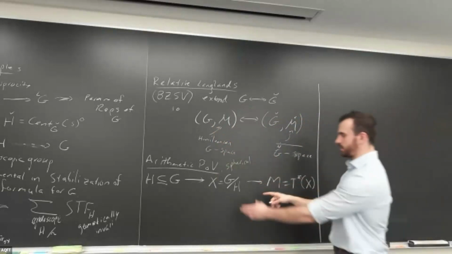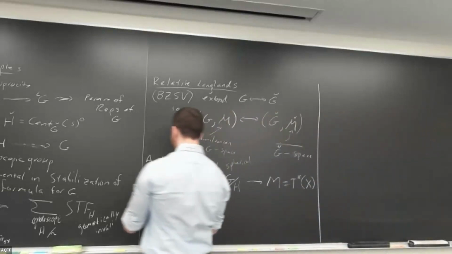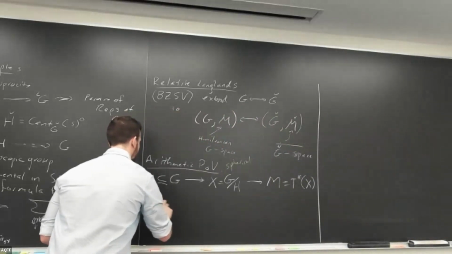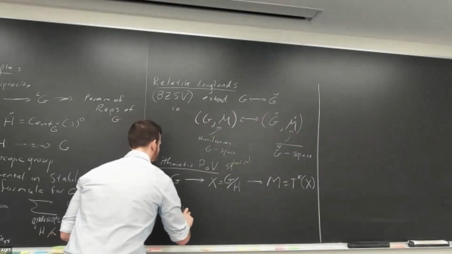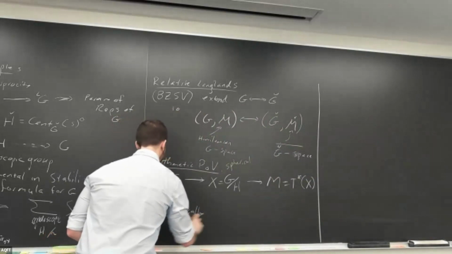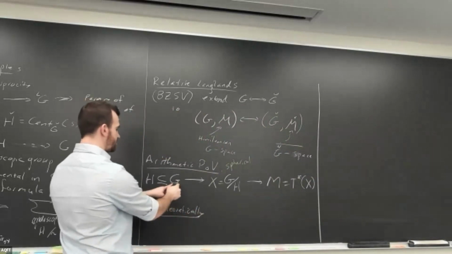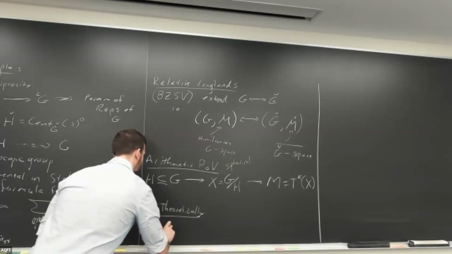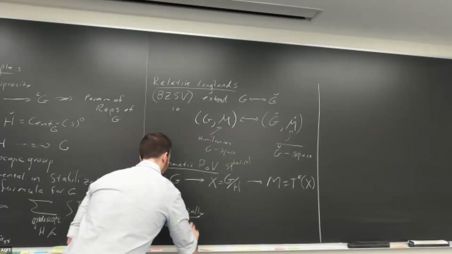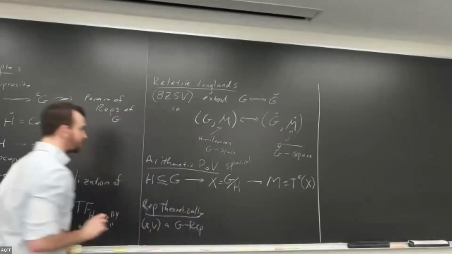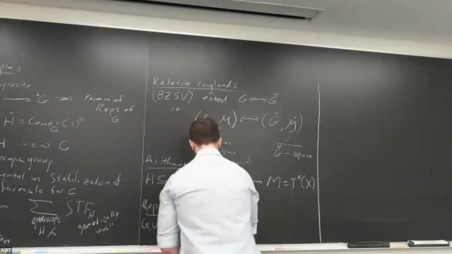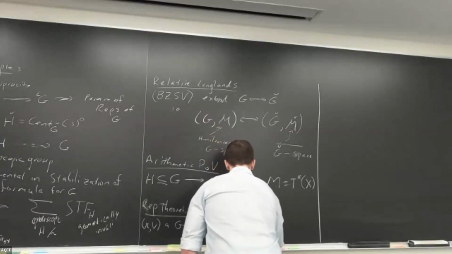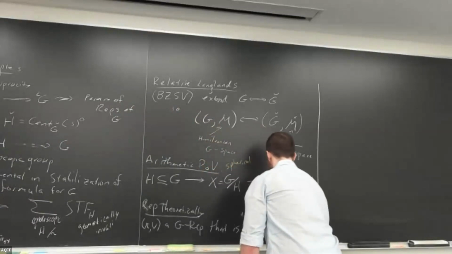But what is the arithmetic picture here? Well, arithmetically, or let me say representation theoretically, we're interested in those representations of G, say automorphic if we're thinking globally, which are so-called H-distinguished.